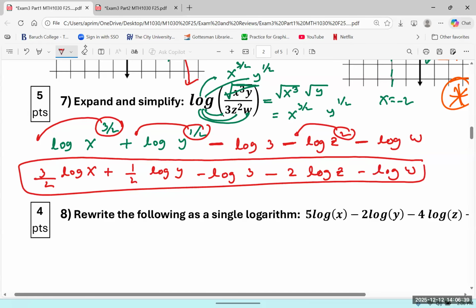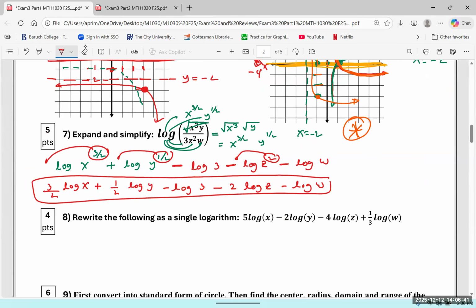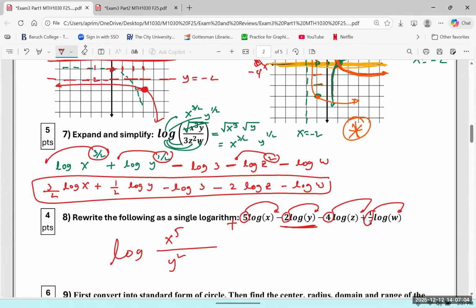Let's do just one more before you leave. For single log, it's the other way around. You bring the coefficient as a power. So every coefficient you see, there will be the power. And then based on the sign, some of them will go up, some of them will go bottom. So we have log. This one is plus, so we have x to the 5 on the top. The next one is minus, so y squared on the bottom.